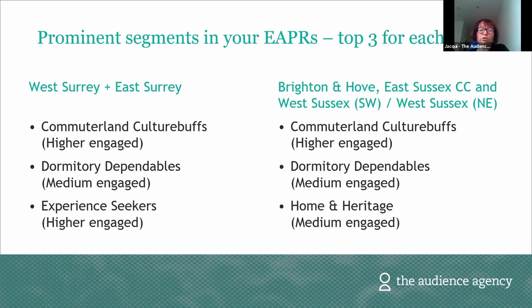And on the whole, if you have any more urban areas within your catchment area, so cities and larger towns, that is likely to have a population profile which is significantly different from the suburban and rural areas that are surrounding it. So yes, it's really important to understand who is in your local area.